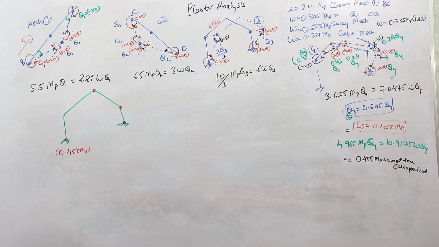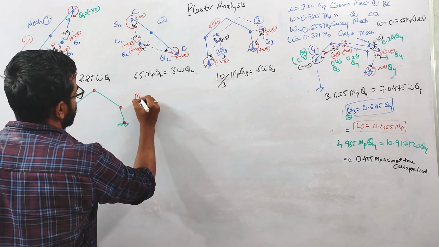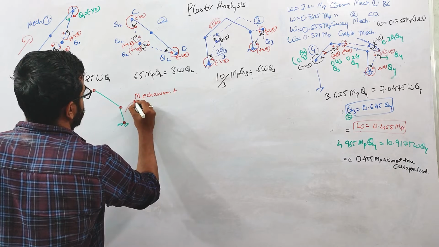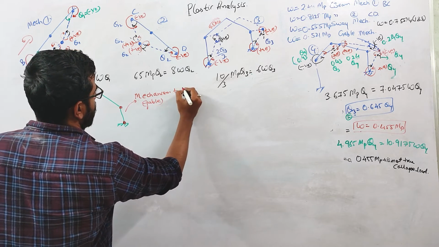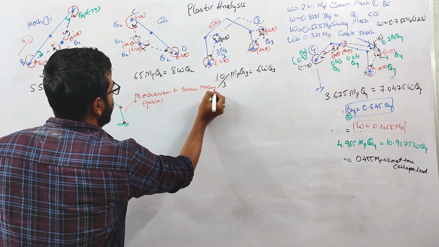Now we'll check one mechanism in which we will be combining this mechanism with this beam mechanism. This is the gable mechanism basically, plus this beam mechanism. Why are we doing this?